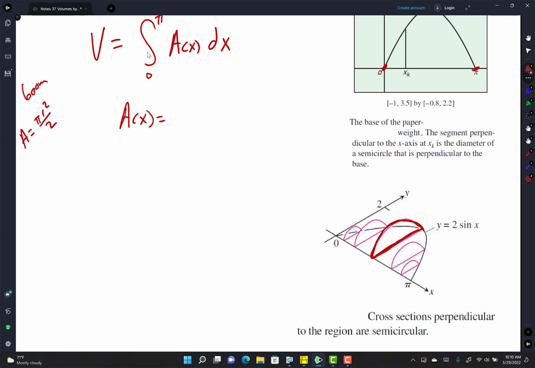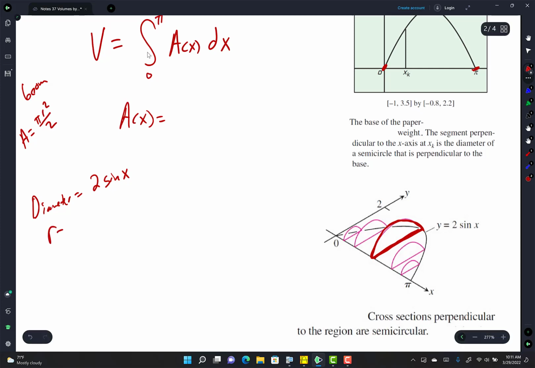Now that you did that geometry part, can we write it with this calculus in terms of this equation? Well, the diameter is the length from the top of this curve to the x-axis. So the diameter is nothing more than 2 sine x. Does everyone agree? Okay, so that's not my radius.